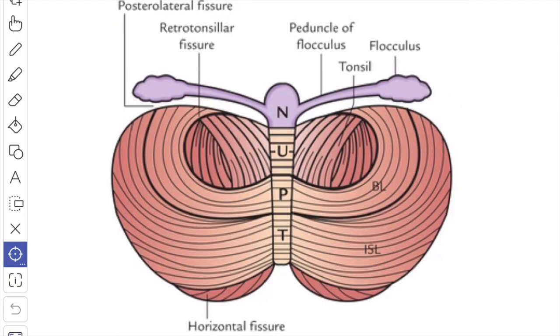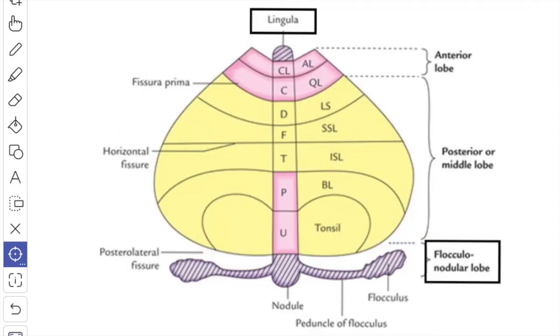The third fissure is the posterolateral fissure. The posterolateral fissure lies on the inferior surface of the cerebellum and separates the flocculonodular lobe from the rest of the cerebellum. This is a schematic picture. This is the horizontal fissure.